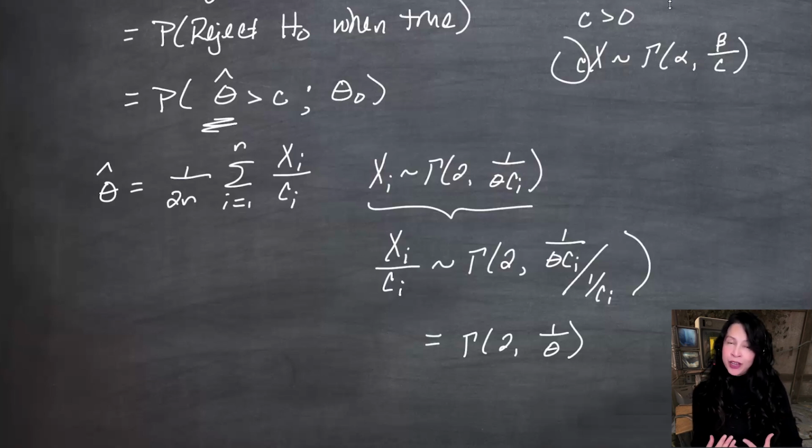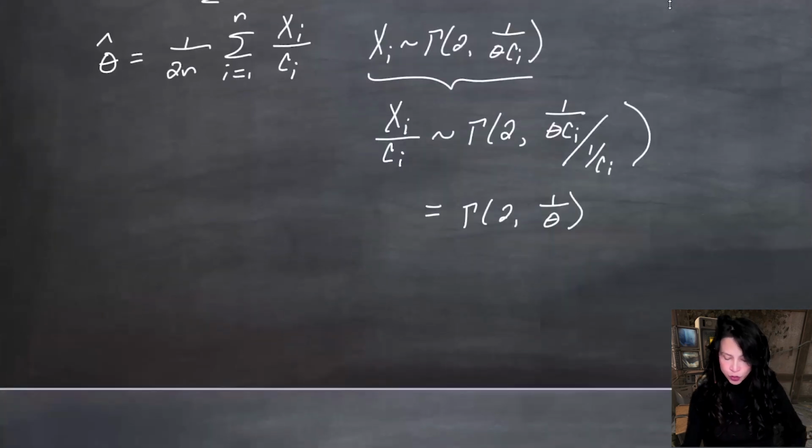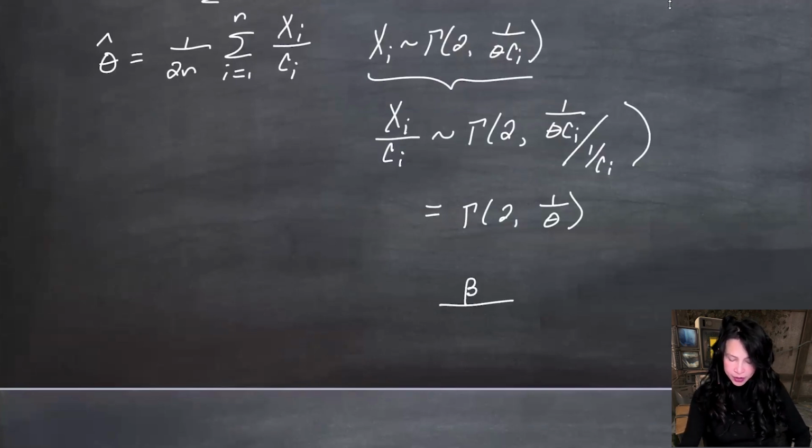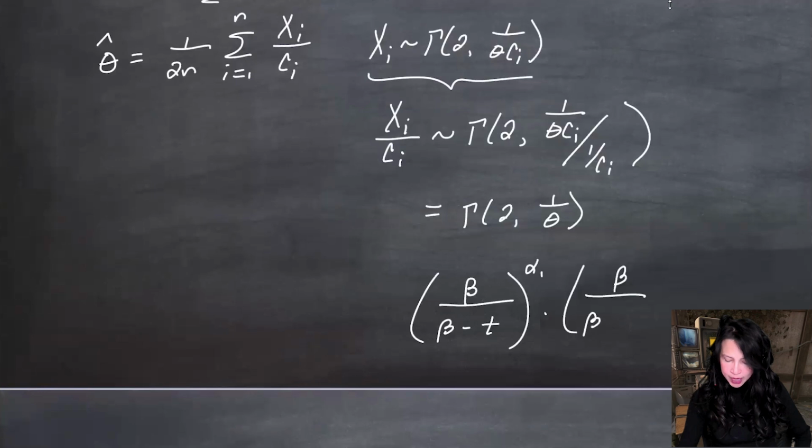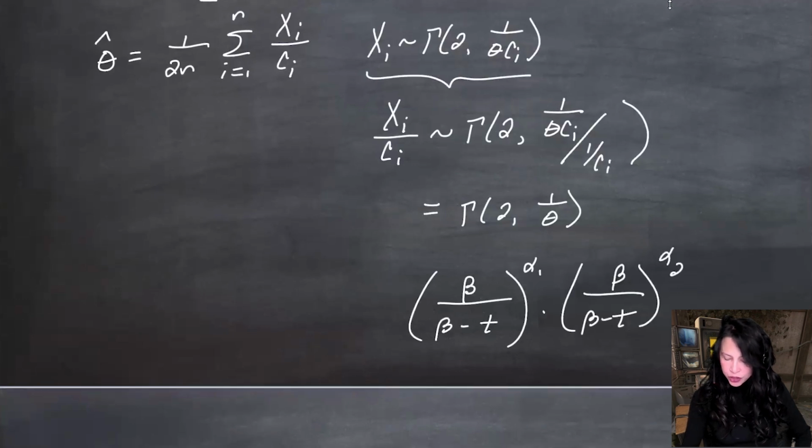The moment generating function for a sum is the product of the individual moment generating functions. So going back to alphas and betas, if we're looking at beta over beta minus t to the alpha 1 times beta over beta minus t to the alpha 2, that product of moment generating functions is still going to be beta over beta minus t to the sum of the alphas.